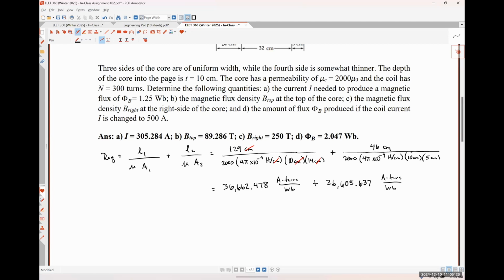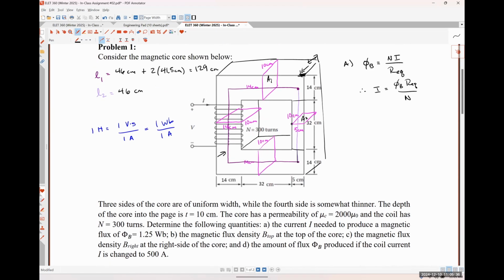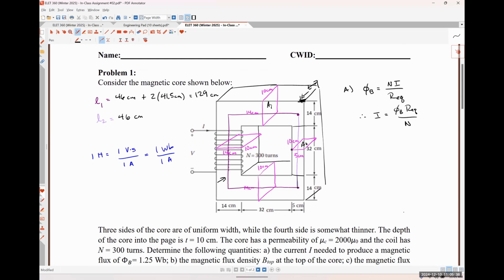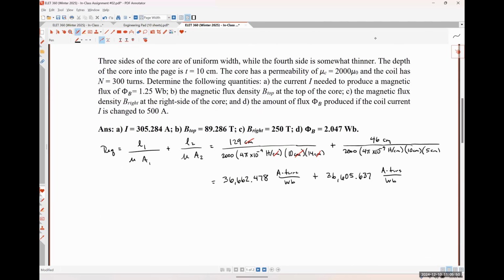All right, so we've got our equivalent reluctance. Made a simple observation here to see how impactful cross-sectional area is for this particular thing. So let's get back around to solving for our current. The equation that we have developed, just rearranging other things that we have derived, is that our current is equal to flux times reluctance over our number of turns.